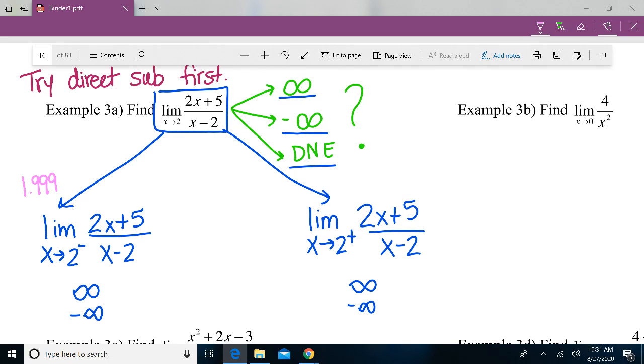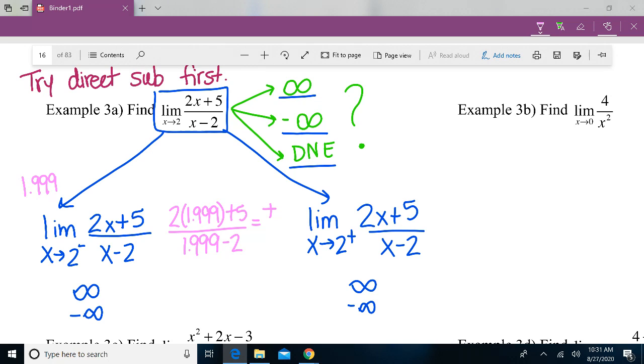So in my head, I'm thinking, if I substitute in 1.999, 2 times 1.999 plus 5 over 1.999 minus 2. All I have to do is think about the sign. So 2 times 1.999 is a positive number. Plus 5 is another positive number. So I know that no matter what, the numerator is going to be positive.